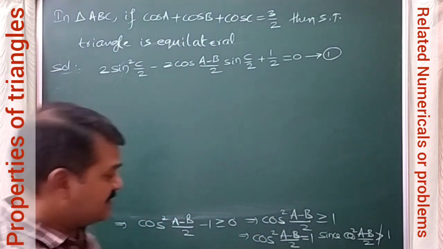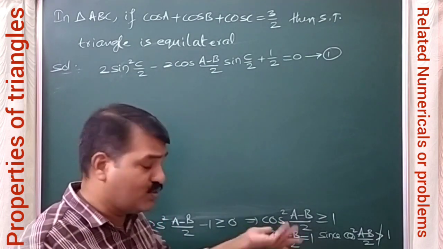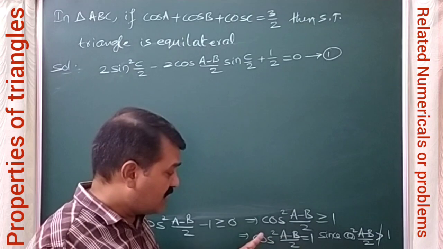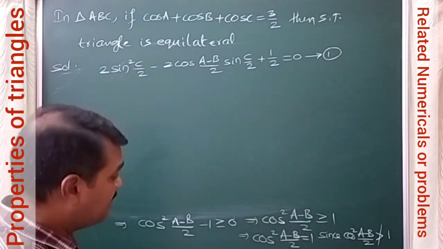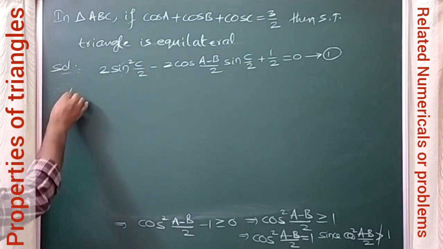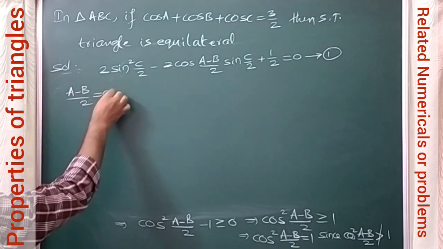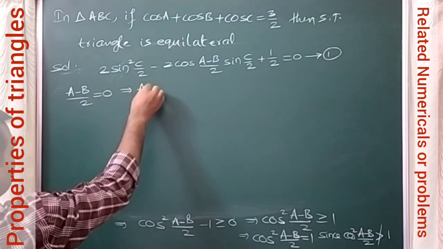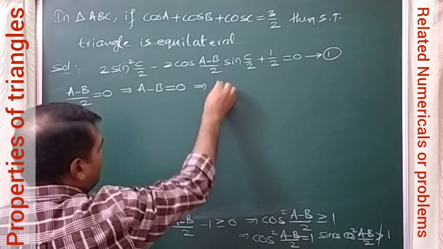So I can take (a minus b)/2 as 0 because cos square 0 degrees will be 1 only. So a minus b is equal to 0. That means a is equal to b.